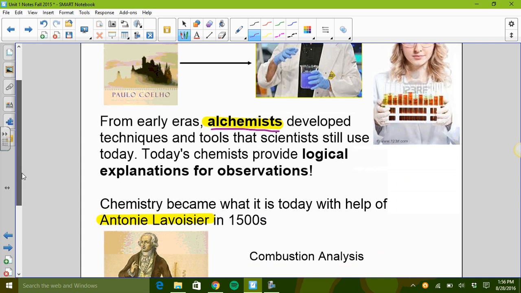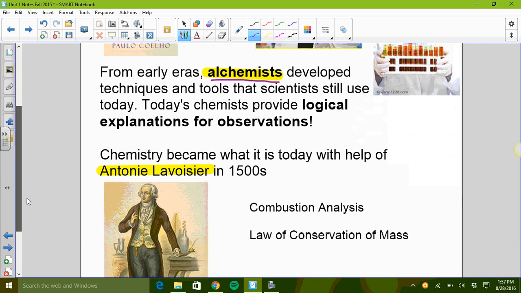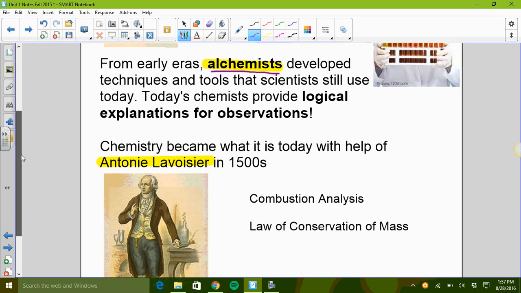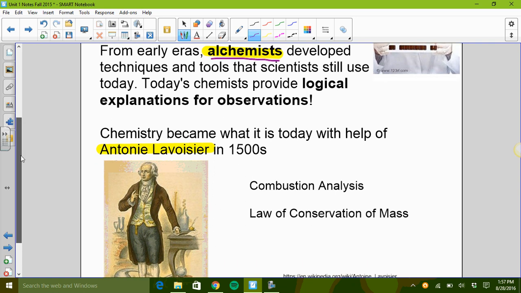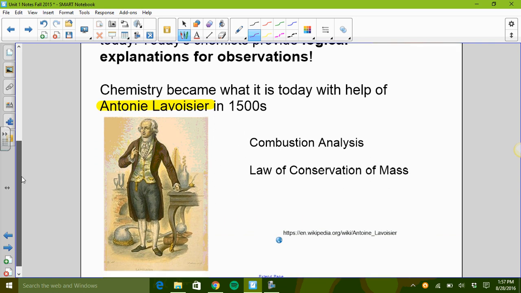And so the initial tools and techniques, even things such as distillation, filtration, some tools that we actually will use in class, they were developed a long time ago. And so they used to believe that chemistry and science was the working of kind of a mystery, magical sense. And so we've since then said, no, everything we have here has a logical explanation. There's no mystery or magic behind it.